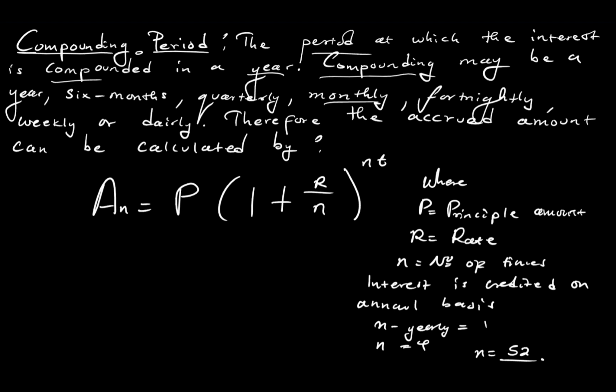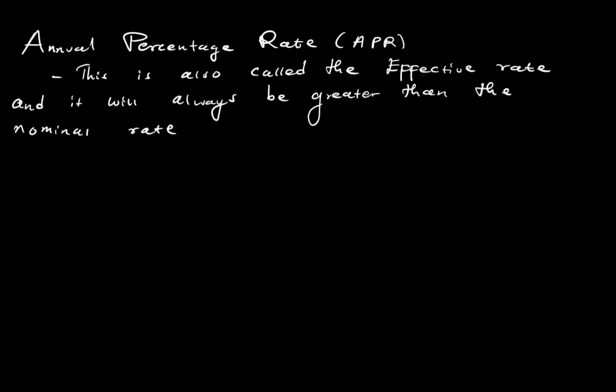Now, with this in mind, we can look at the last term that you might come across, and this is called the annual percentage rate, or basically the APR. This is sometimes called the effective rate. Some other books can call it the actual annual rate of interest.